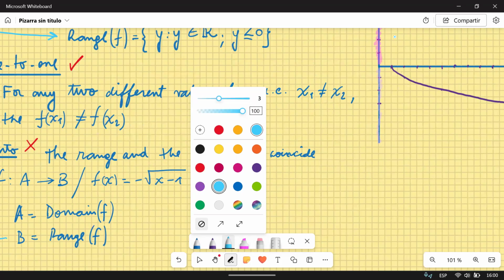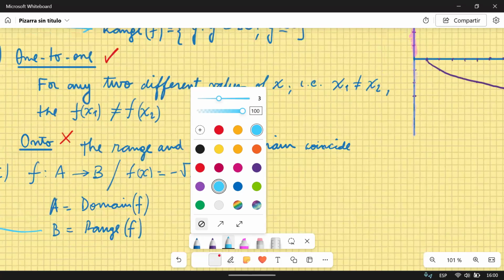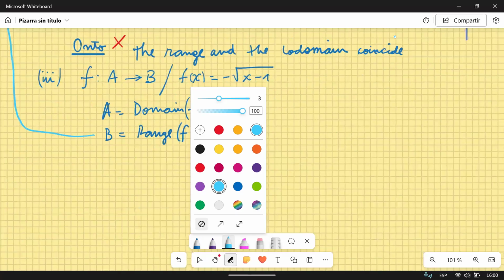This is, each element of the codomain is the image of some element in the domain. This is true now. Now, this function is one-to-one and onto, the redefined function, and it has inverse. Yes?